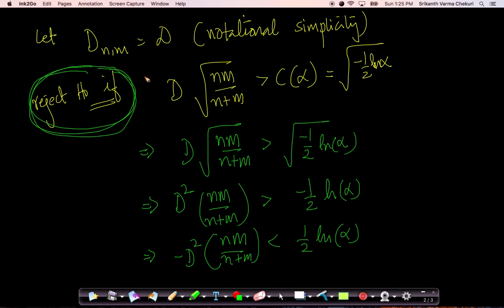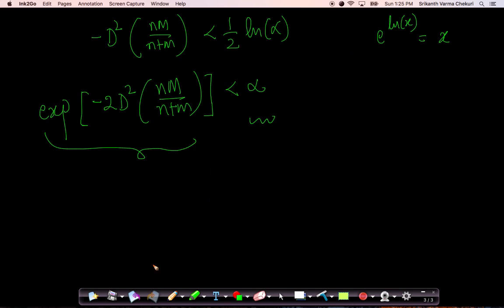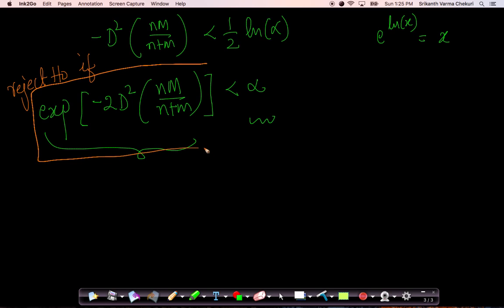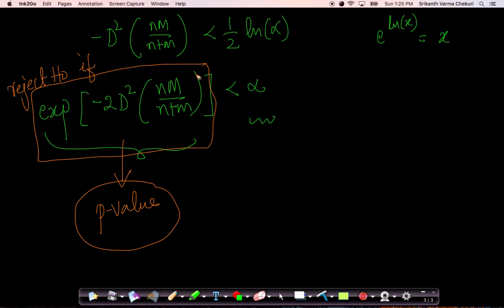From the formulation we started off with, when I simplified it, I got to a statement that I reject the null hypothesis if this value is less than alpha. So this value must be equal to the p-value. So the p-value in KS test is equal to this.